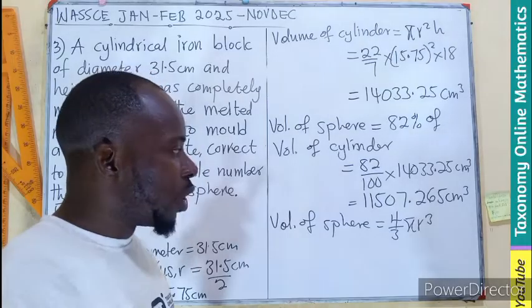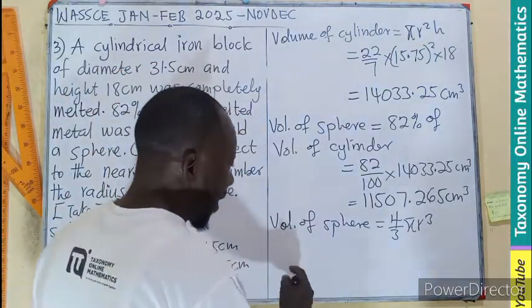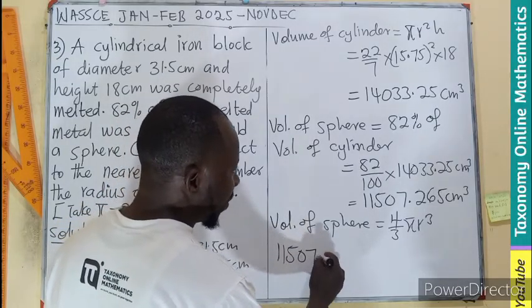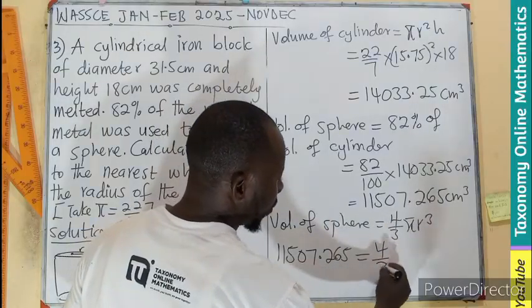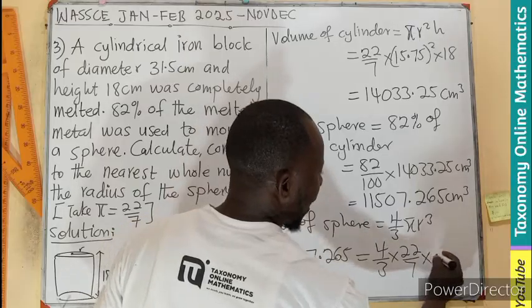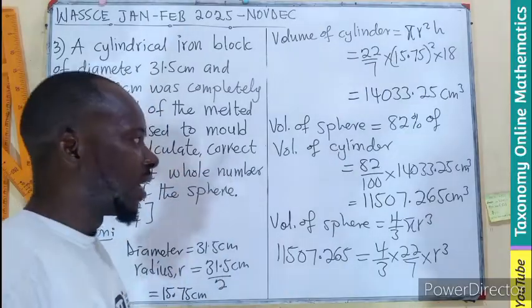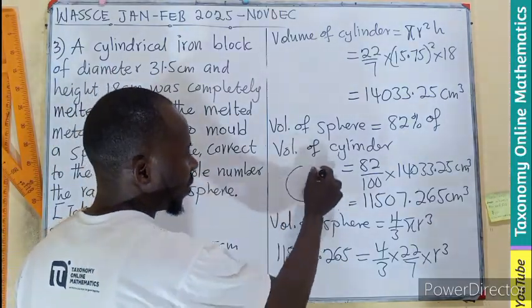So here we just do mere substitution, knowing that the volume of the sphere has been given as 11,507.265 equals 4 on 3, 22 on 7 times the radius, which we are now going to find. This is the sphere, right?